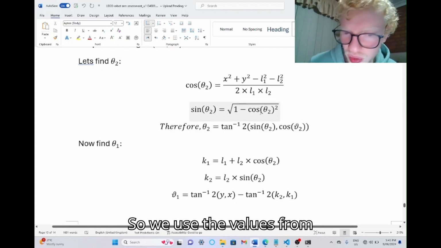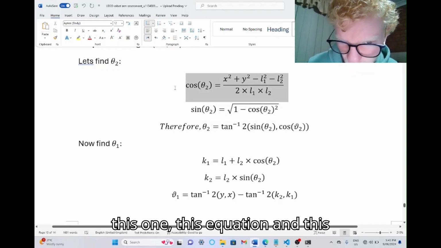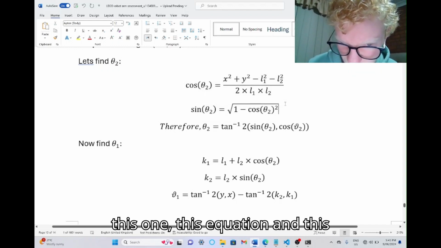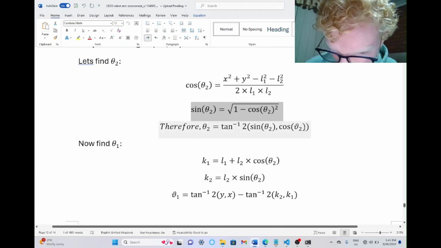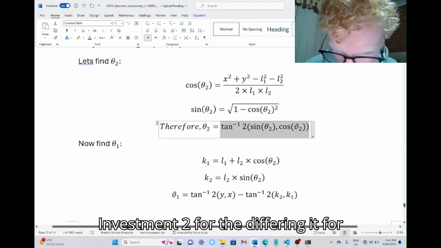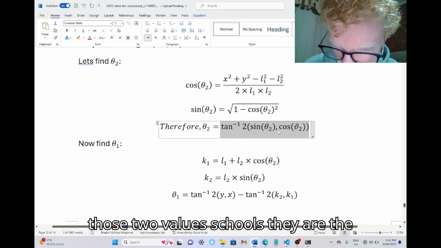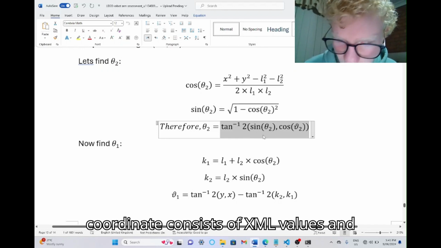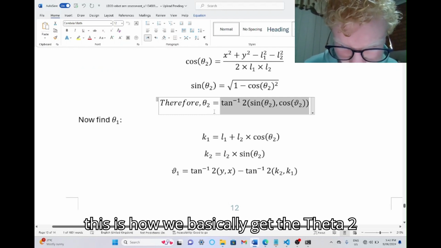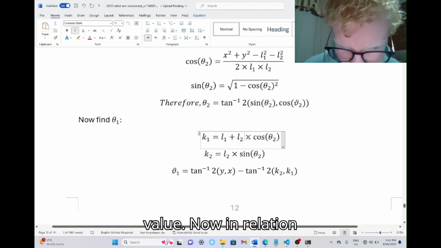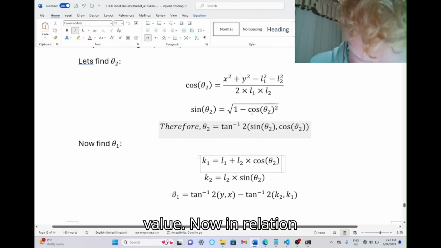So we use the values from this equation and this equation into here, the inverse tan, referring here to those two values, because the coordinate consists of x and y values, and this is how we basically get the θ2 value in relation to x and y.